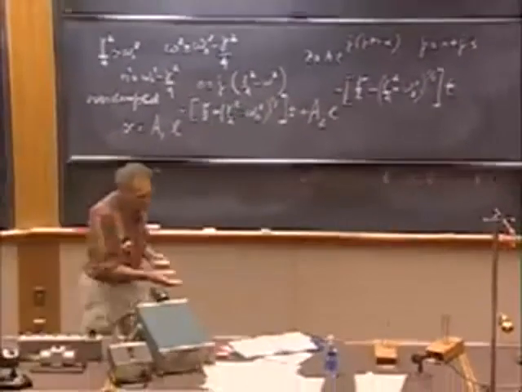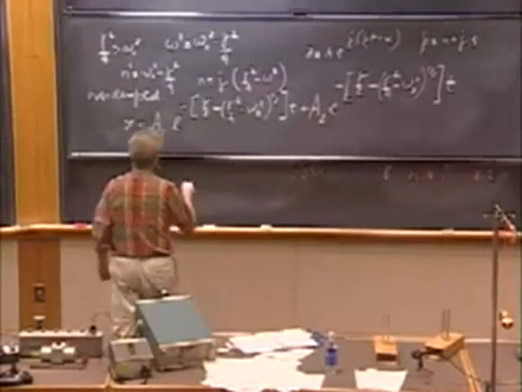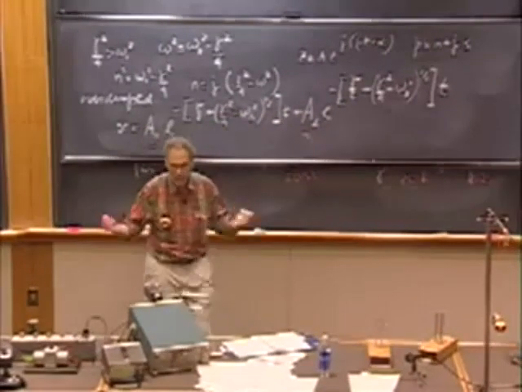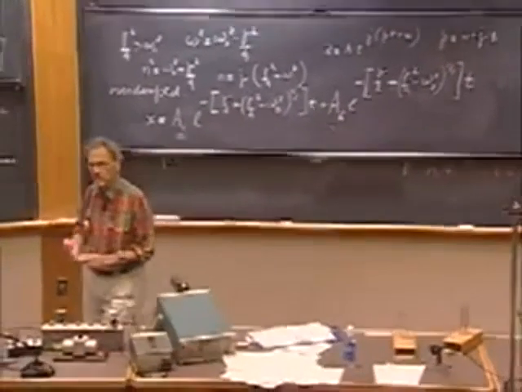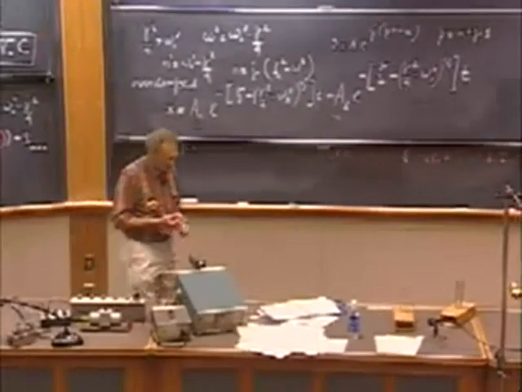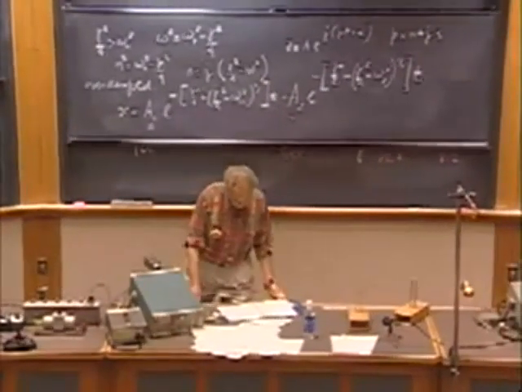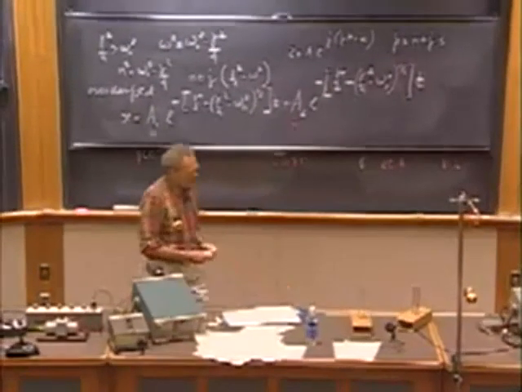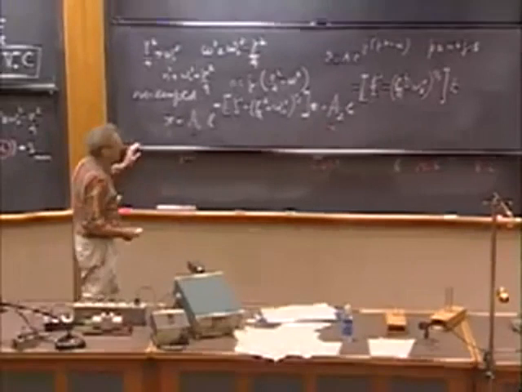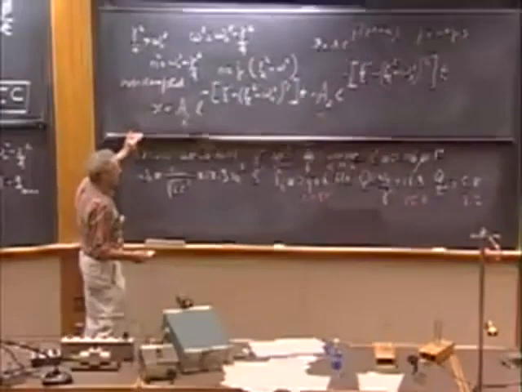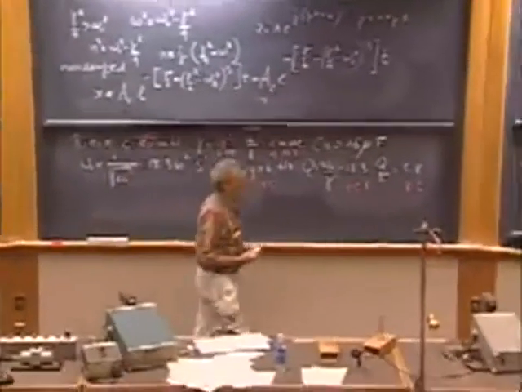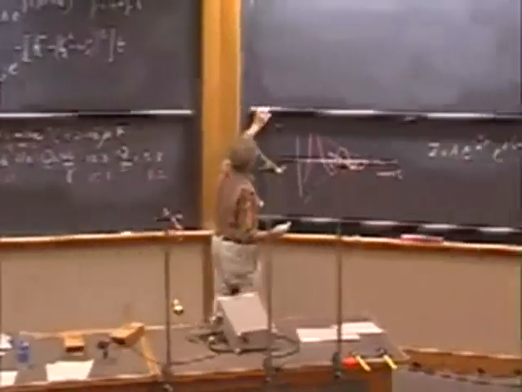And depending upon your initial conditions, you will be able to find A1 and A2. At t equals 0, you can specify what x is, and you can specify what x dot is. No oscillations. That means I can make some guess of what the response will be.